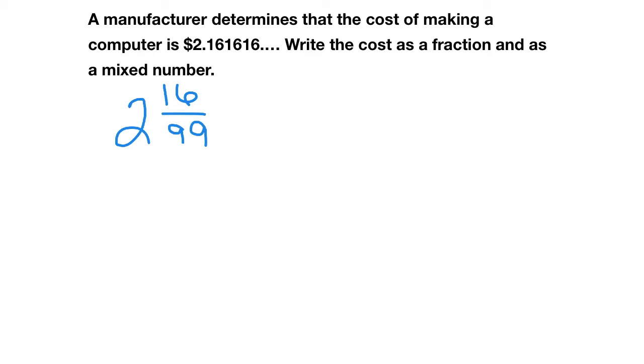There's our mixed number. In order to write it as a fraction, we want to convert this mixed number into an improper fraction. Let's review how to do that again. 99 times 2 plus 16. When we do that, we end up with a numerator of 214 over the denominator of 99.